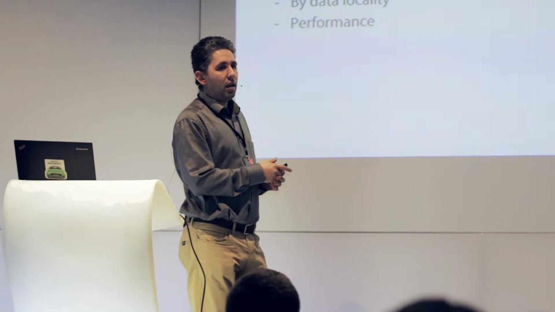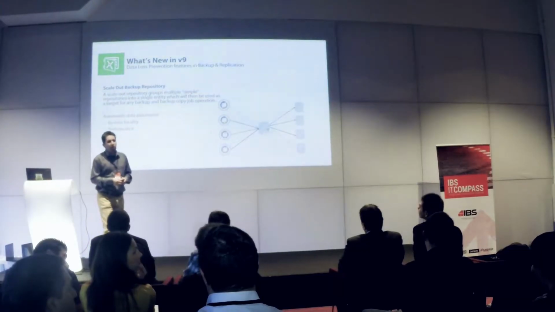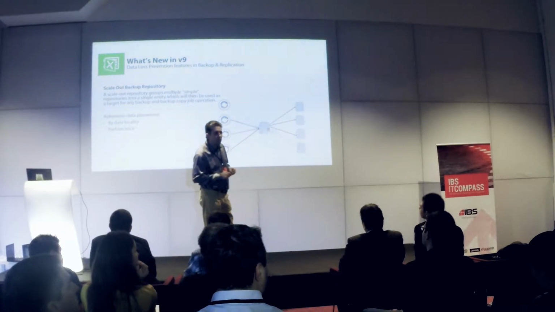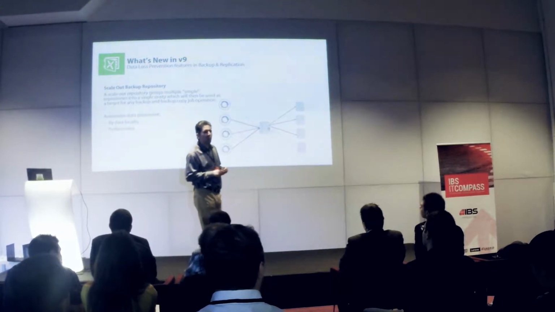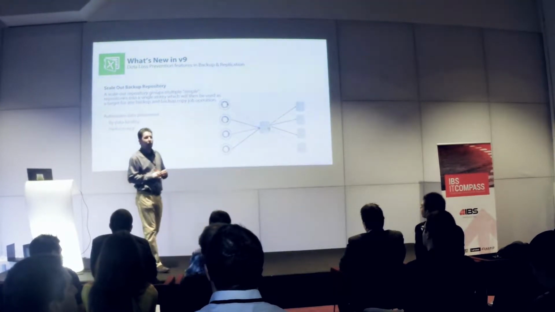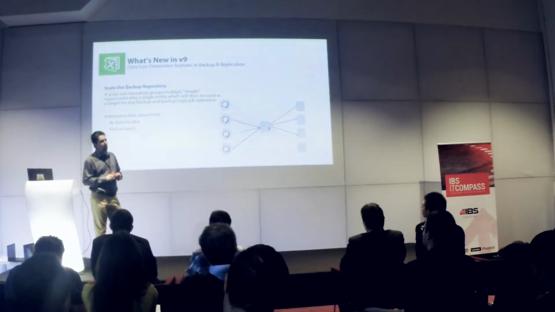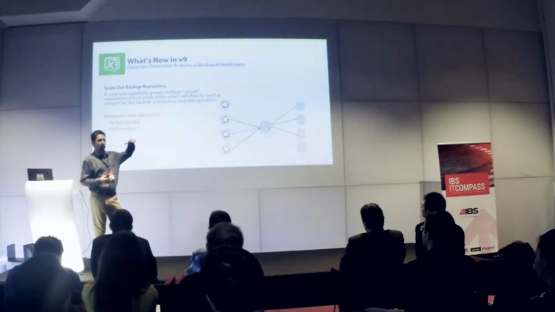What is the policy to detect if the repository is down? I'm sorry? What is the policy to detect that this repository is down? How do you detect that the repository is down, and after that you mark the other one? You add these repositories in the Veeam Backup and Replication console.